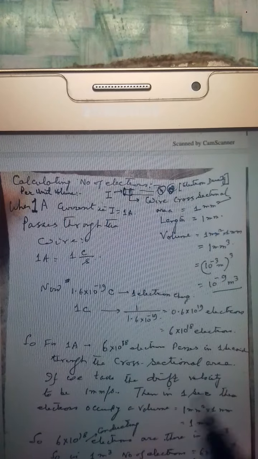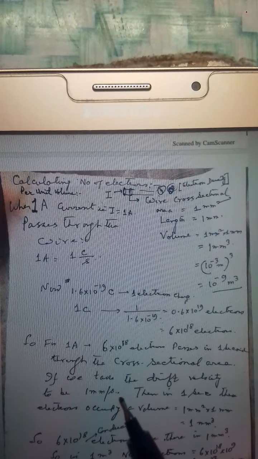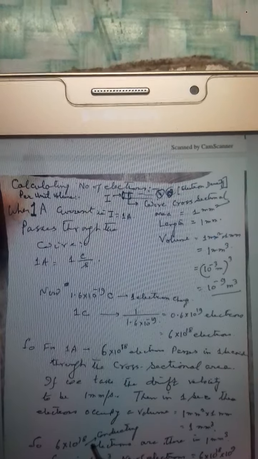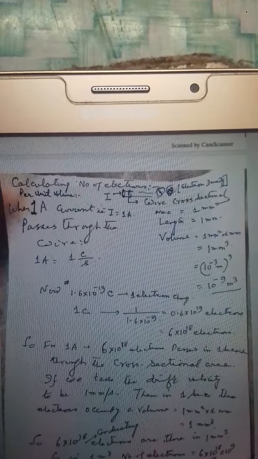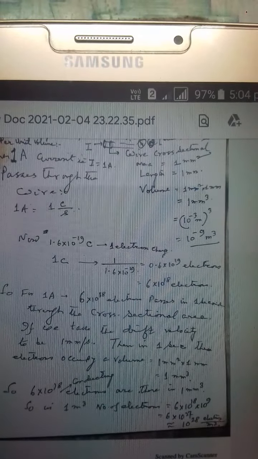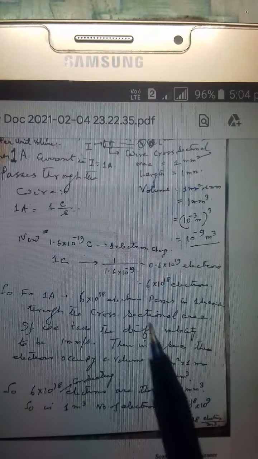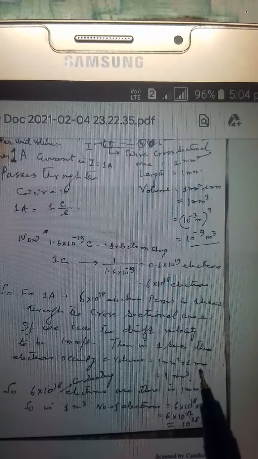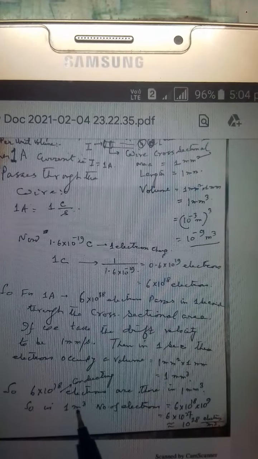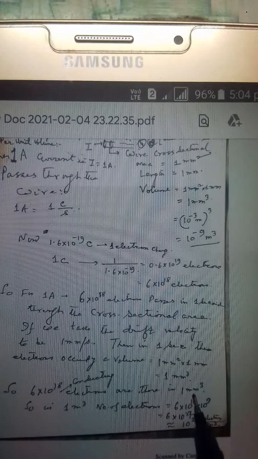If we take the drift velocity of electrons as 1 millimeter per second, then in 1 second the electrons occupy a volume of 1 millimeter square into 1 millimeter, equal to 1 millimeter cube. So 6 into 10 to the power 18 electrons are there in 1 millimeter cube.